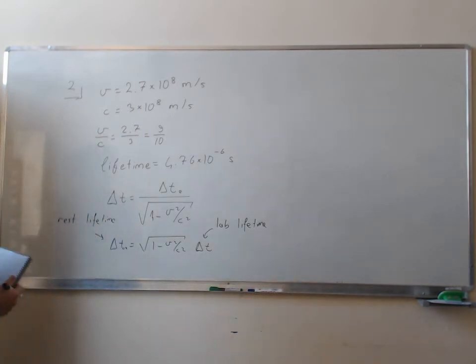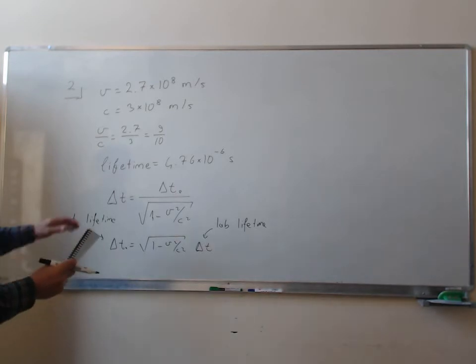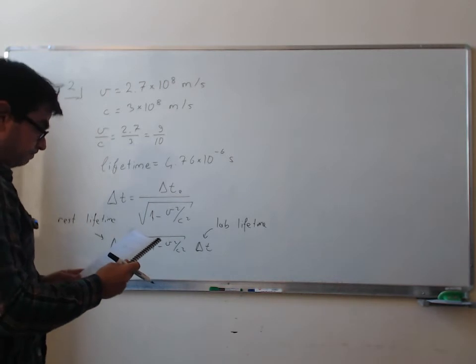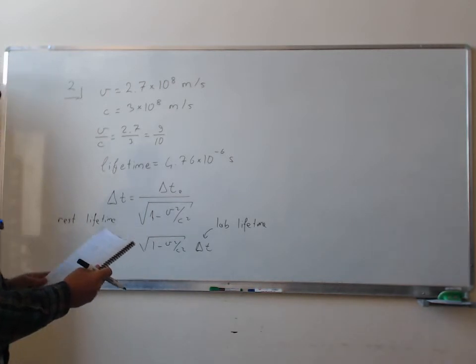I'm not going to carry out the algebra, but it's trivial actually. When you go through this, I think you find something like 2.075 times 10 to the minus 6. Because this is quite close to c, that factor is considerable, so it shifts by quite a bit, maybe a factor of 2 or so. Okay, so this is problem 2.